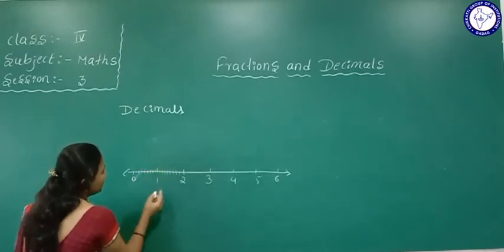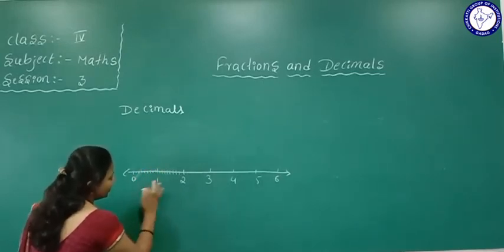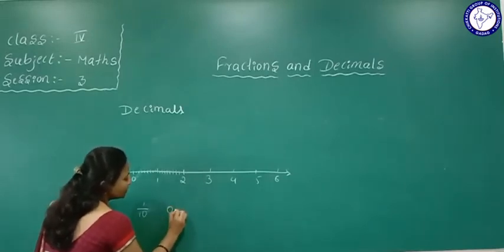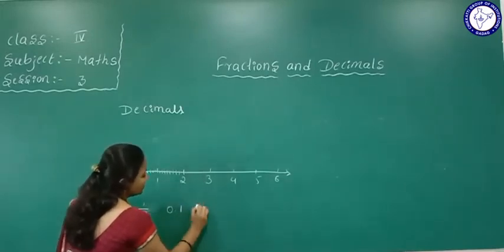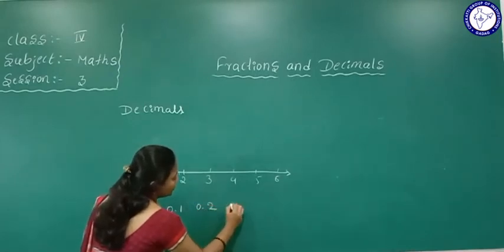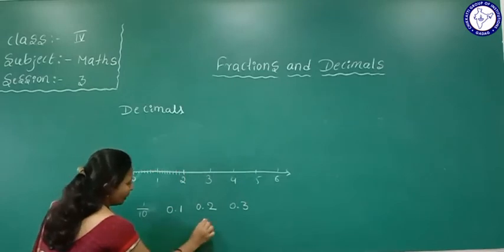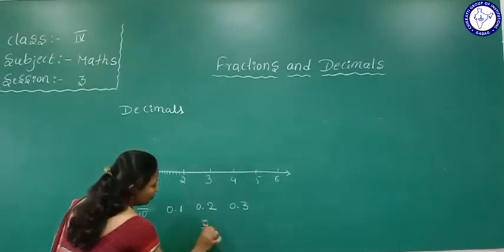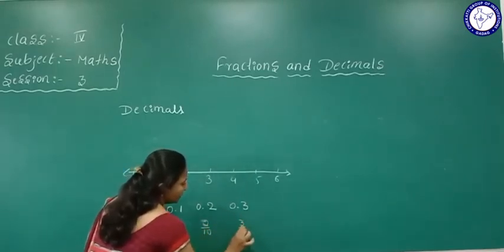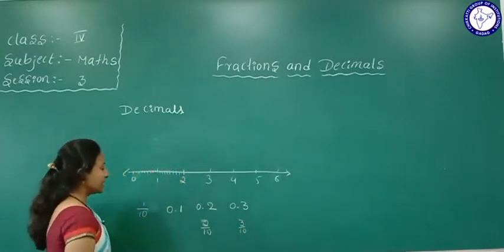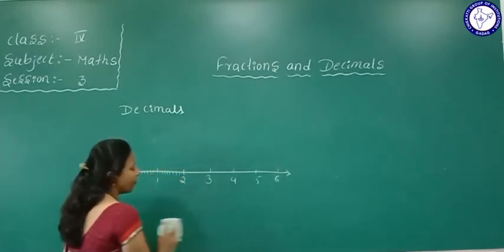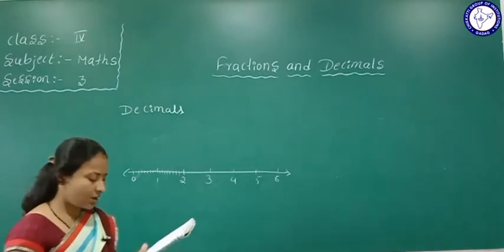So we write 1 by 10, in decimal form 0.1, 0.2, 0.3. Likewise 2 by 10, 3 by 10, and we write them in decimal form. Understood this one?